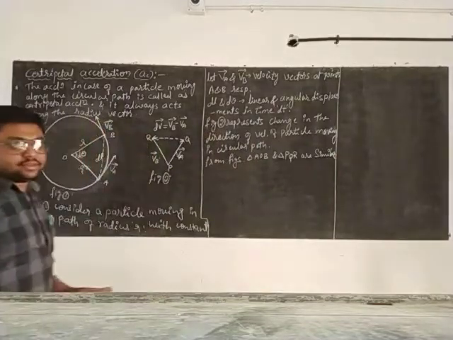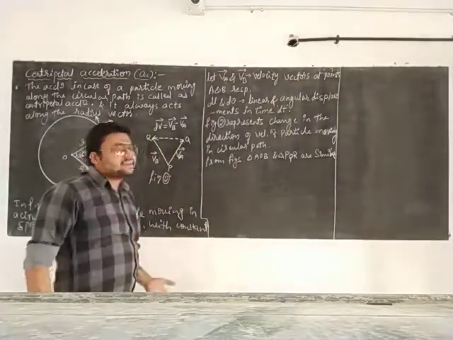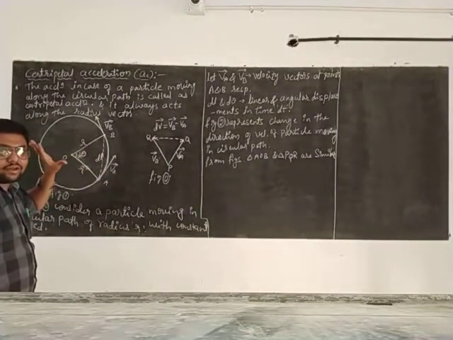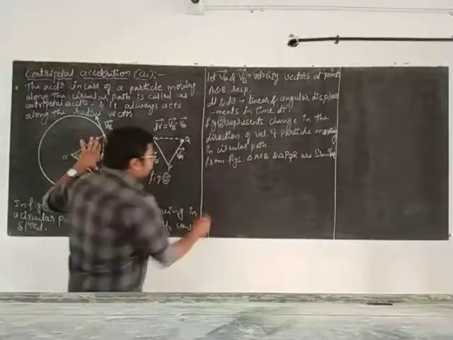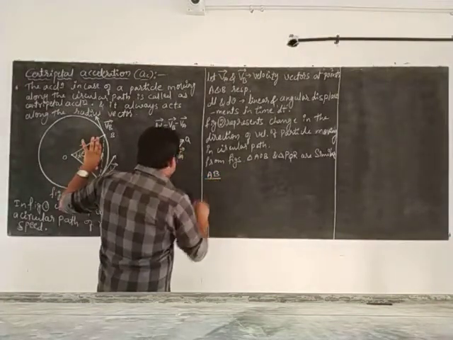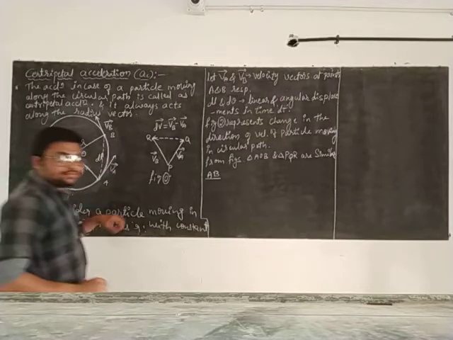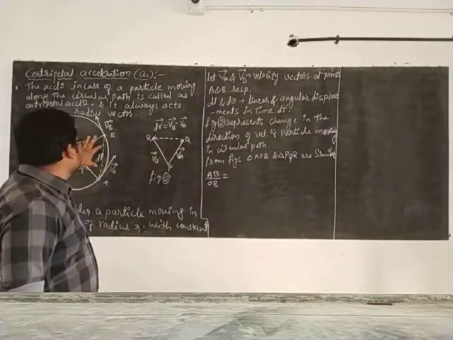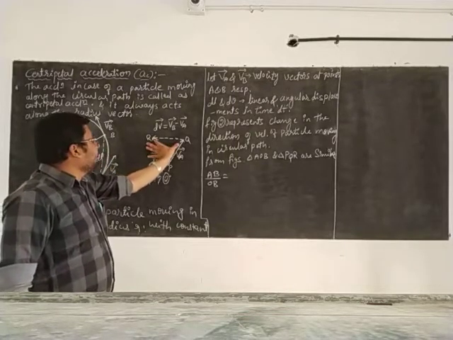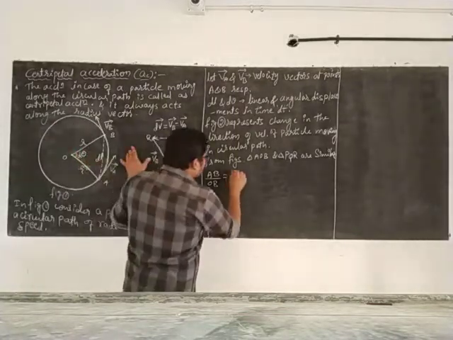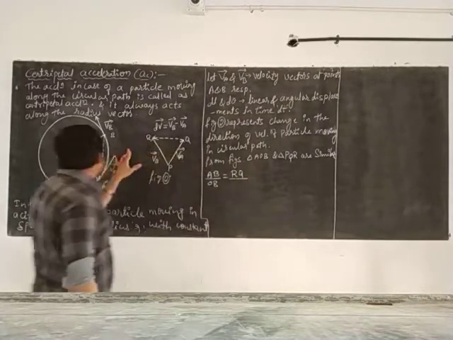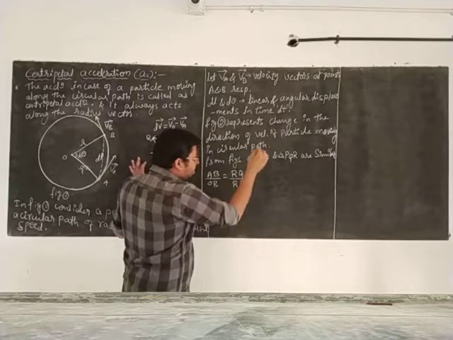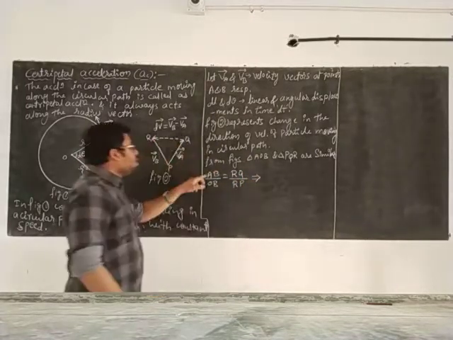Similar triangles. So if we have similar triangles, then we can write that the ratio of their sides will be equal. So here I take AB divided by OB, which is equal to, in the place of AB we have R2, and in the place of OB we have R. So what do we mean by AB?